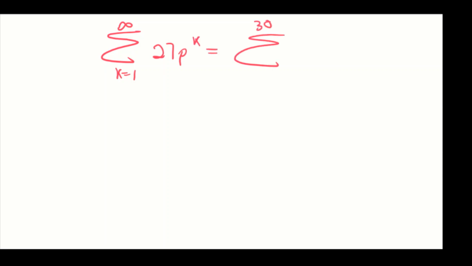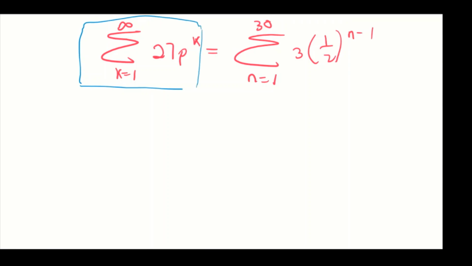So we are given that the sum to infinity, when k equals 1, of 27p to the power of k is equal to the sum of 30 terms, when n equals 1, of 3 into 1 over 2 to the power of n minus 1, right? So what we're going to do is first find the first three terms of this sum to infinity so that we'll be able to identify the sum to infinity.